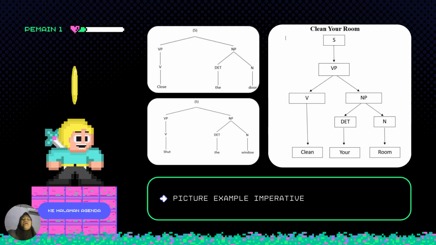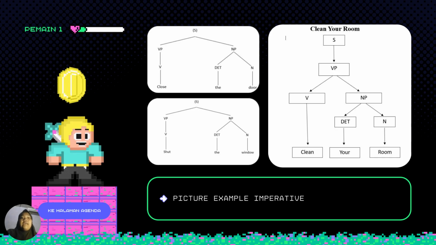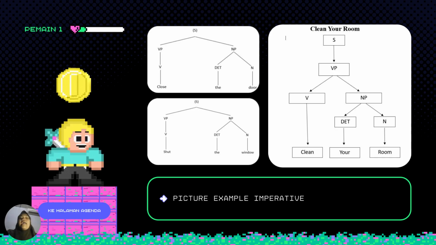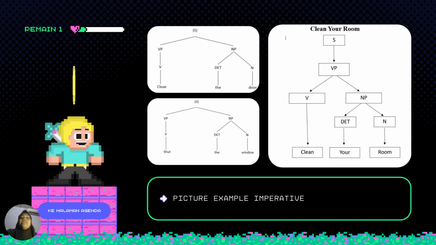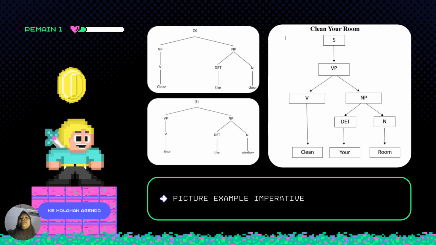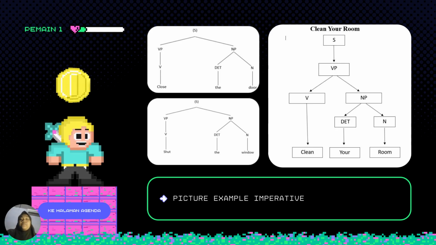And in this example, you can see they just have a verb and a noun phrase. In close the door, the verb is close, the determiner is the, and the noun is door.